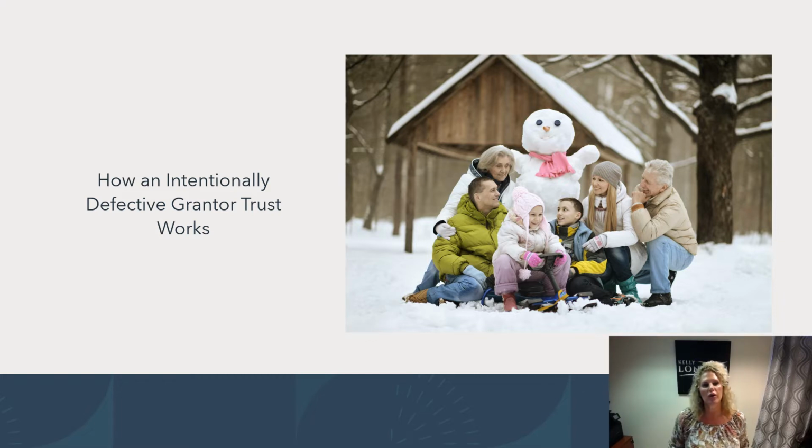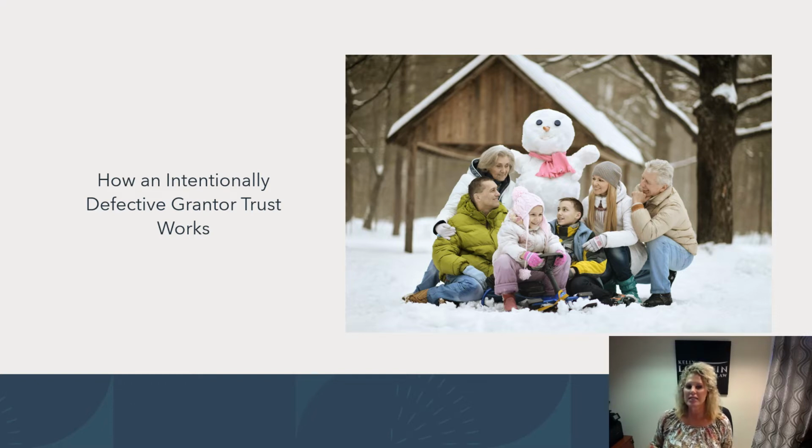Thus, the grantor pays income tax on the appreciation of the assets placed in the trust, but the appreciation of those assets is excluded from the grantor's estate, which amounts to a tax-free gift to the trust.